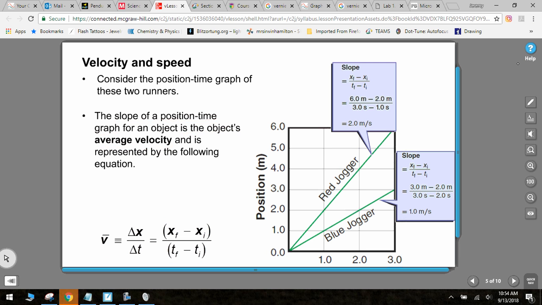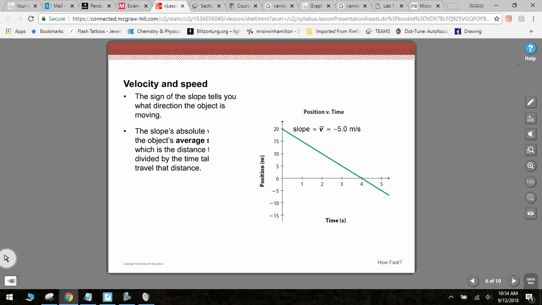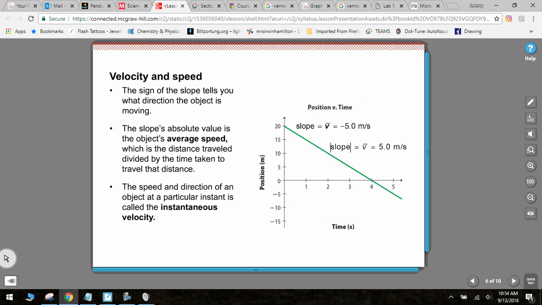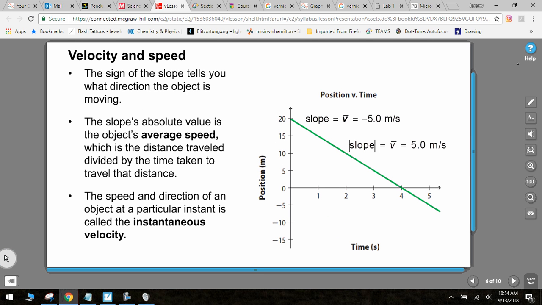We're going to go on to the next part. So we got average velocity, right? Okay. Now, we talked about this in the lab, and y'all already told me that y'all know this from talking about our lab. The sign of the slope tells you direction.